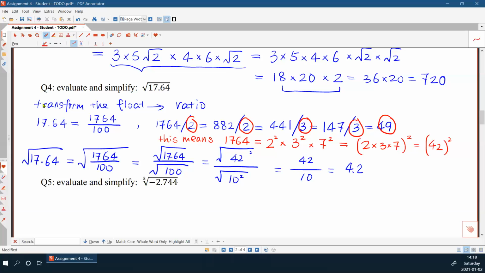Okay, so the takeaway here is when you try to calculate the square root of a decimal number, just try to transform the float number or decimal number to a ratio.